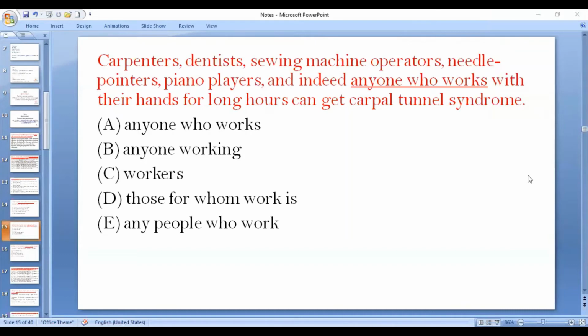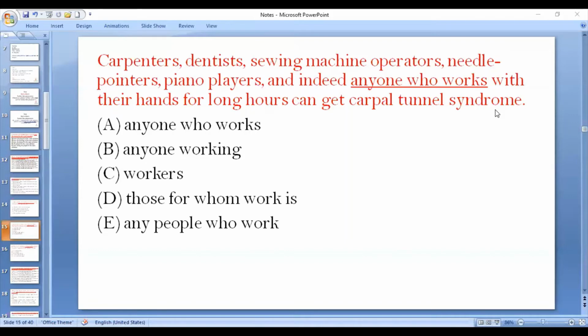Yeah, Andrew. Good. Chiran, no, no. Chiranjit, anyone who works with their hands. Indeed, anyone who works with their hands. It should be his or her hands or their hands. What do you think, Chiran?